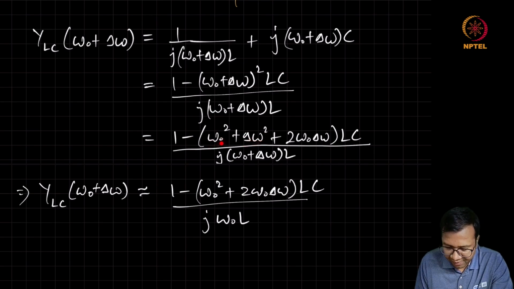So if we compare these three terms, the delta omega square can be easily ignored. And similarly in the denominator, we can ignore delta omega in comparison to omega naught.